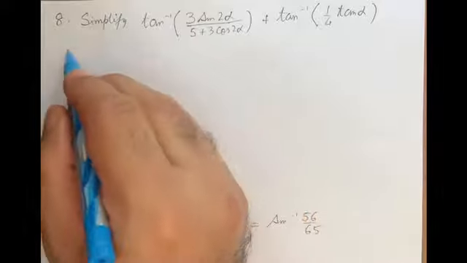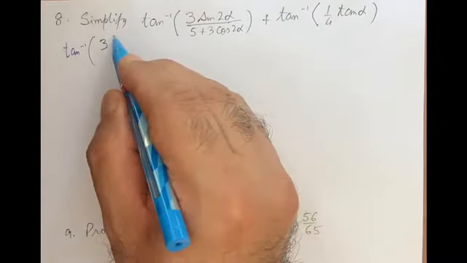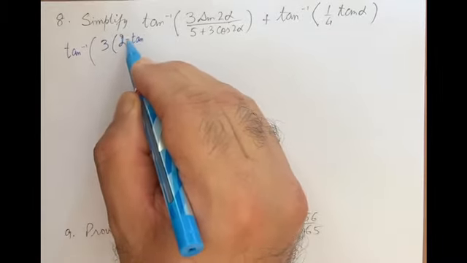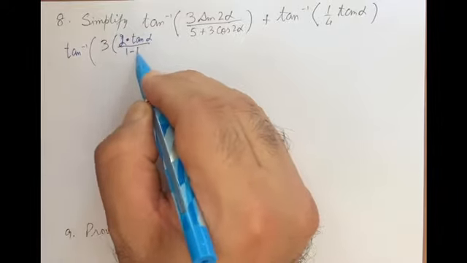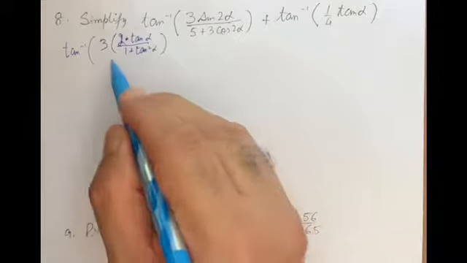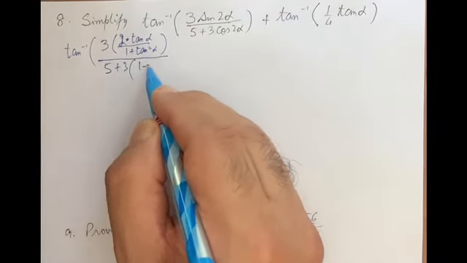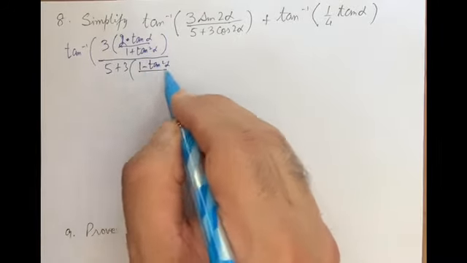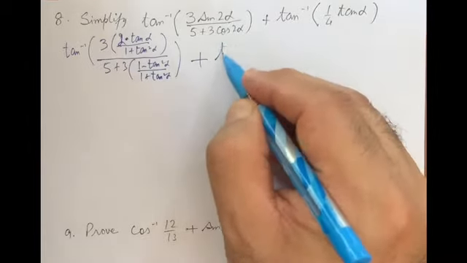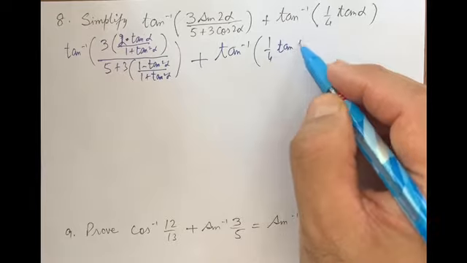We have to simplify this expression. Tan inverse of 3 sine of 2 alpha upon 5 plus 3 cos of 2 alpha, plus tan inverse of 1 by 4 into tan of alpha.